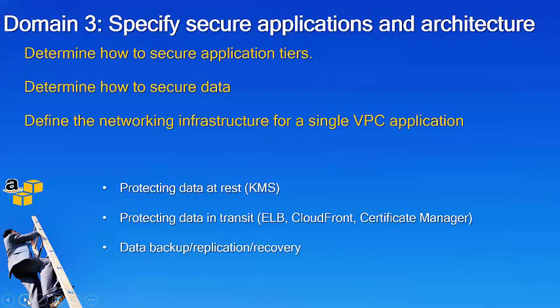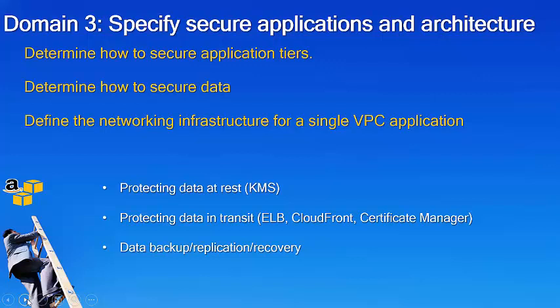By defining your data backup, replication and recovery approach, you help protect your data against deletion or destruction. The key AWS service that supports data backup, replication and recovery is Amazon S3. Focus on areas like Amazon S3 cross-region replication, Amazon S3 lifecycle policies and versioning, and also Amazon EBS snapshot operations.